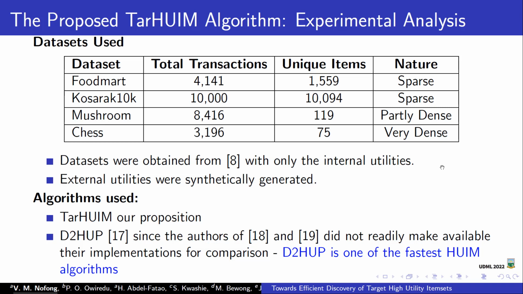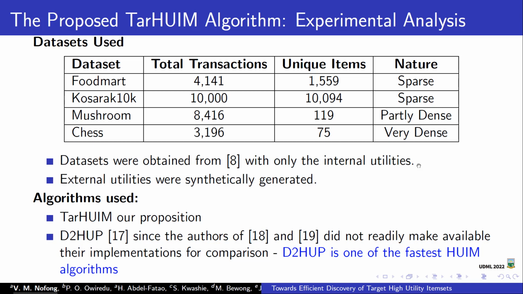We could not readily obtain the implementations of the post-processing and pattern matching, but D2HUP is one of the fastest high utility item set mining algorithms. It should be noted that D2HUP will be more efficient than all the post-processing techniques and slightly less efficient compared to the pattern matching techniques.